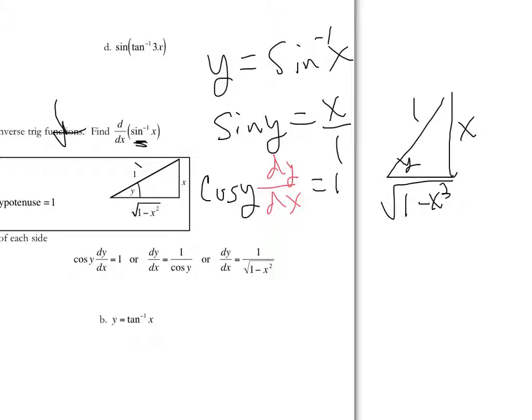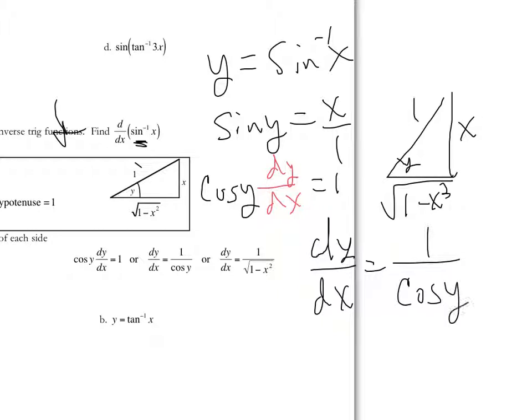Now, I want to solve for dy/dx, so I'm going to divide both sides of this equation by the cosine of y. So dy/dx equals 1 over the cosine of y, which we could write as the secant of y.